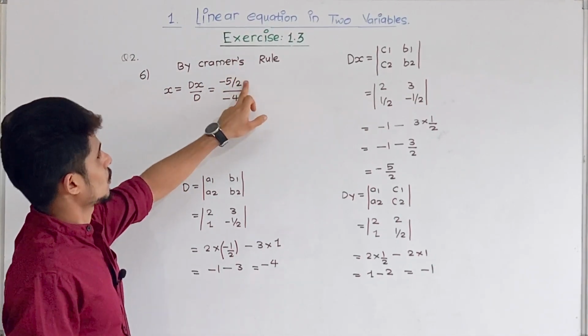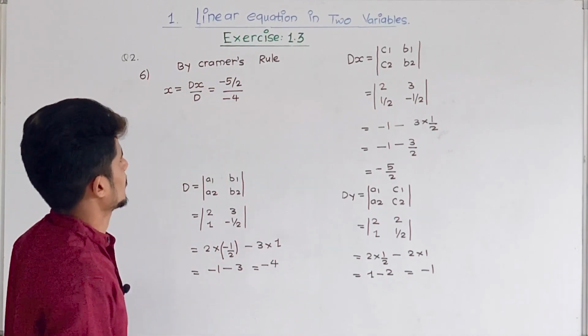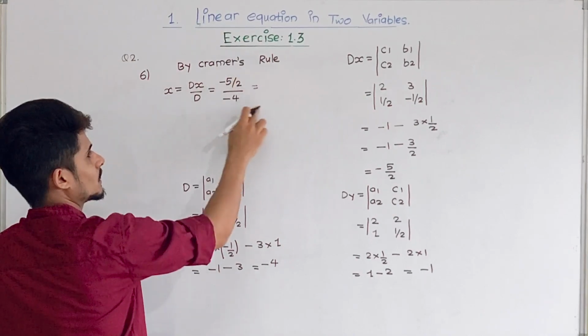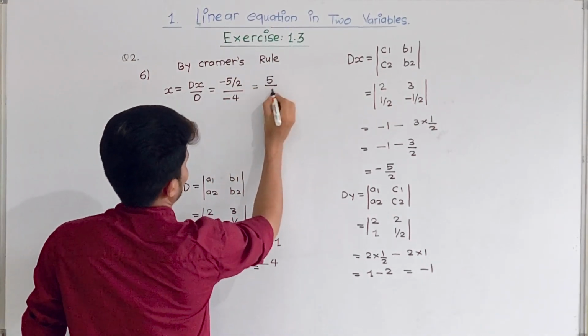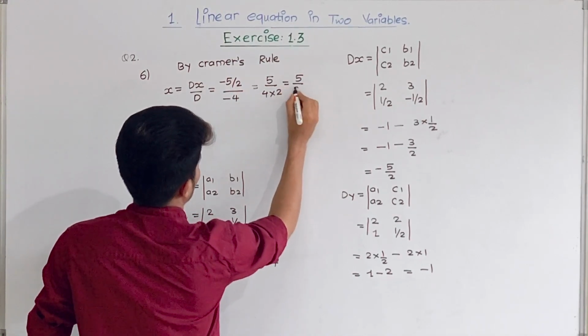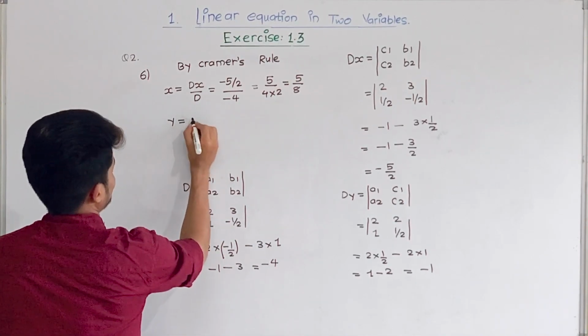Now the denominator of numerator goes into the denominator and multiply, that is 5 by 4 into 2, that is 5 by 8. Similarly, we'll find the value of y.